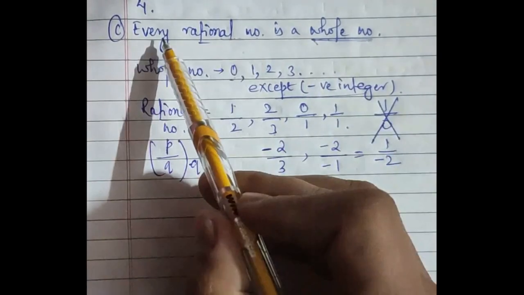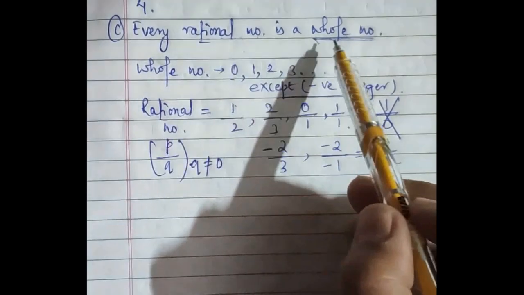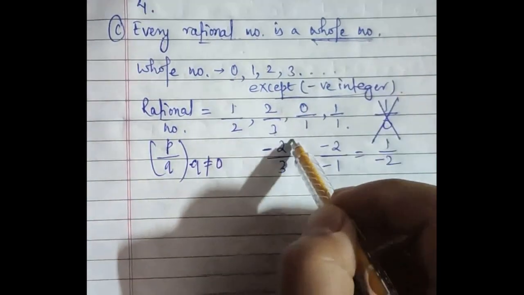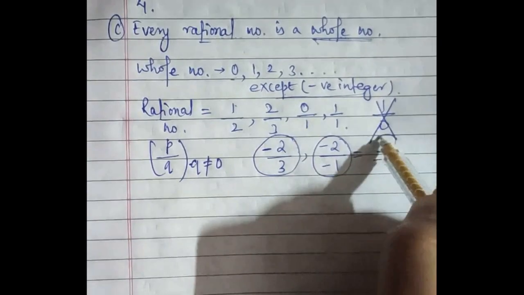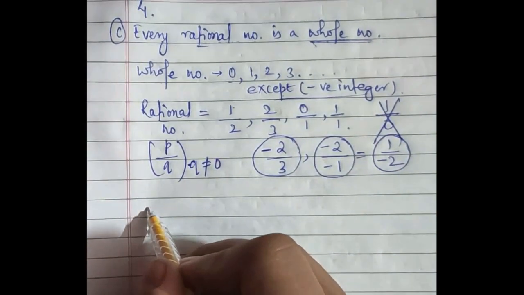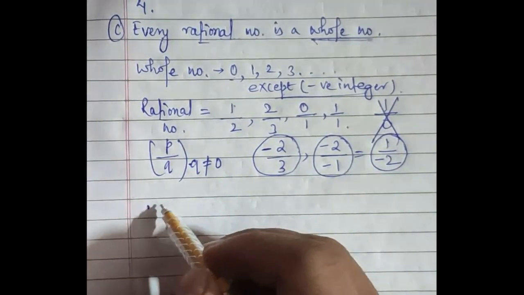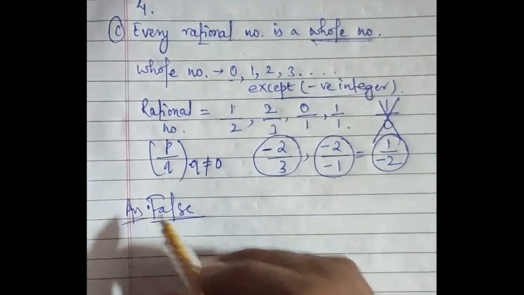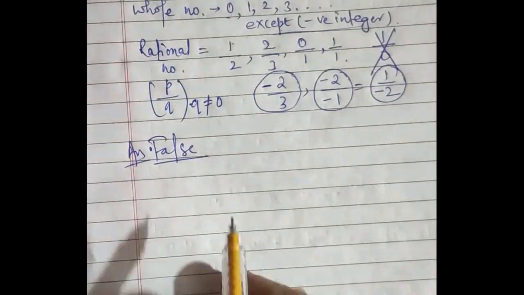So how can every rational number be a whole number? It is not possible. Can you say this? This is not possible. Alright, so we can say that therefore the statement is false. The answer is false. Why?